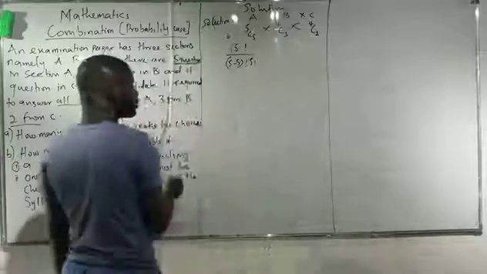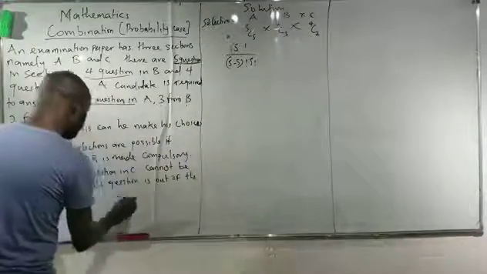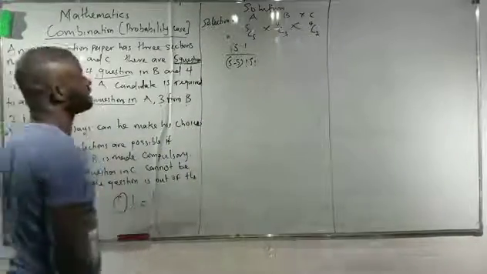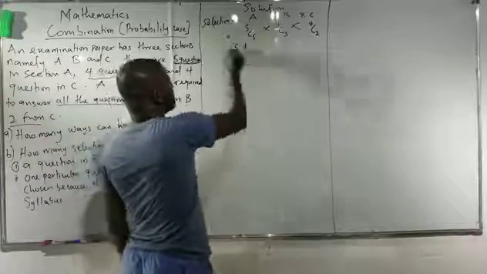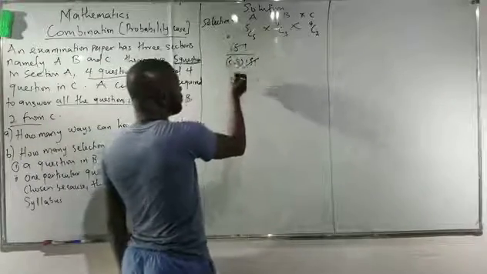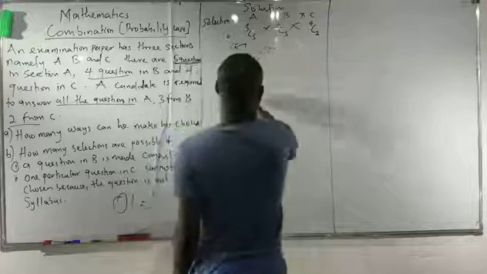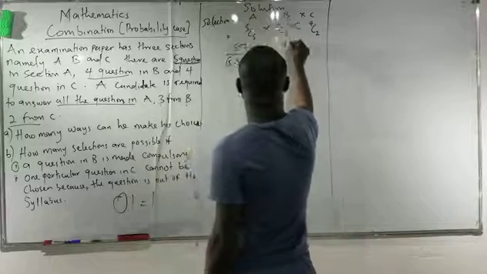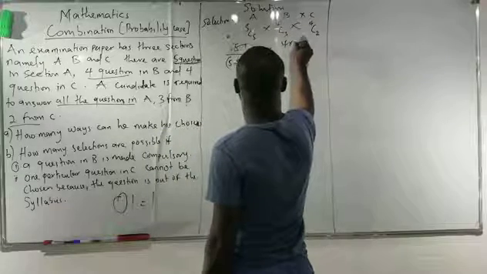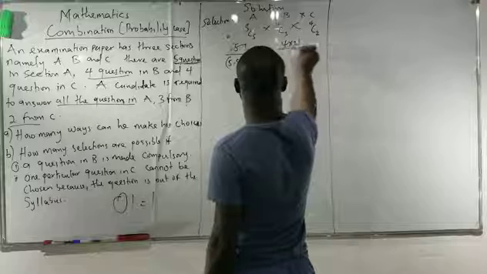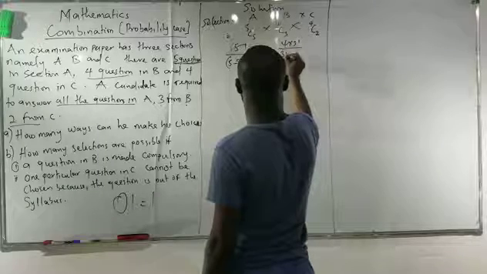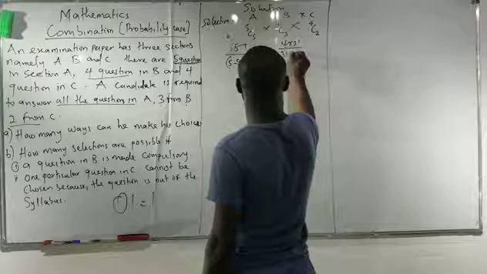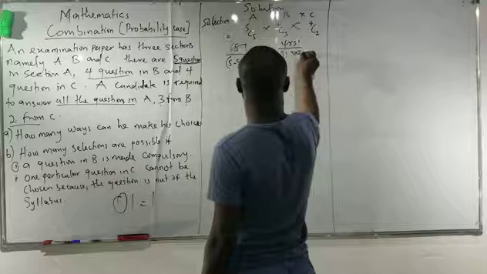Mind you, 0 factorial is equals to 1. Take note of that. Now, we cancel this, and this one will be 0 factorial, which will be 1. And multiply by, this one will be 4 factorial divided by 3 factorial, and 3 times 2 times 1.